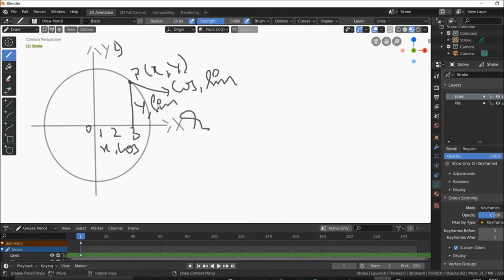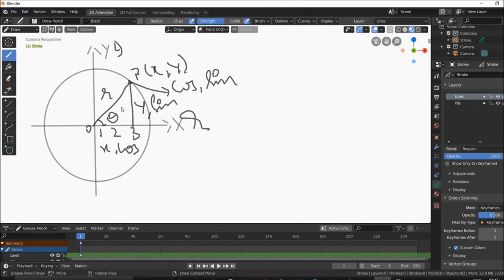This is very important. When we go from the origin to this point, this is called the radius, which can be referred to as a length itself. Theta, the degree, we refer to as the angle.